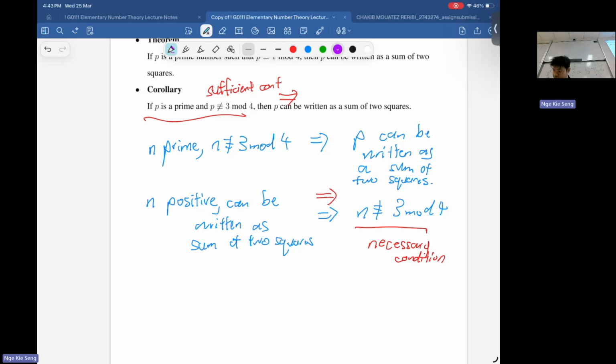If you're going to go backward, you need to add a prime condition. For prime, this statement works backward. Make sense? So if it is a prime and not 3 mod 4, then it can be written as a sum of squares. Okay, good.